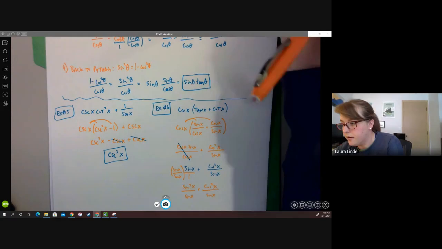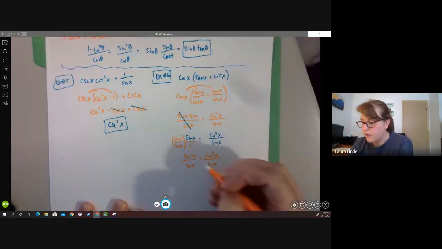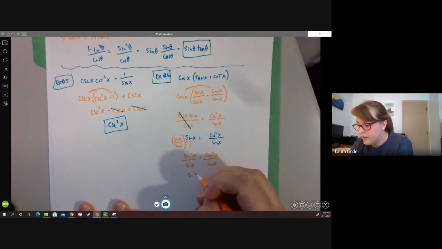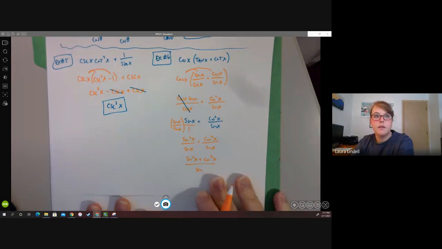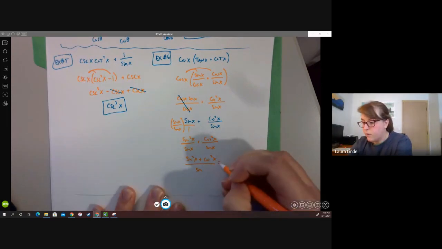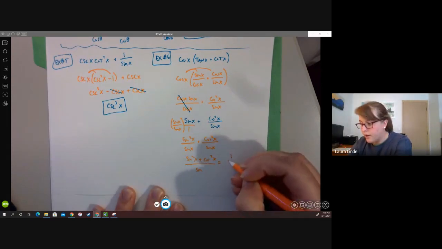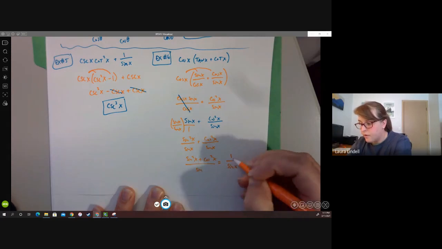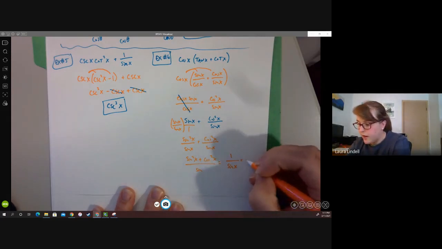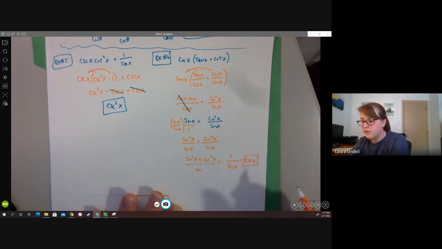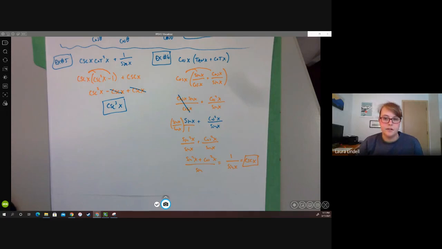And then we can add these two together. We get sine squared plus cosine squared over sine. And sine squared plus cosine squared is 1, so we get 1 over sine. And 1 over sine is cosecant. So this whole thing simplifies to cosecant.